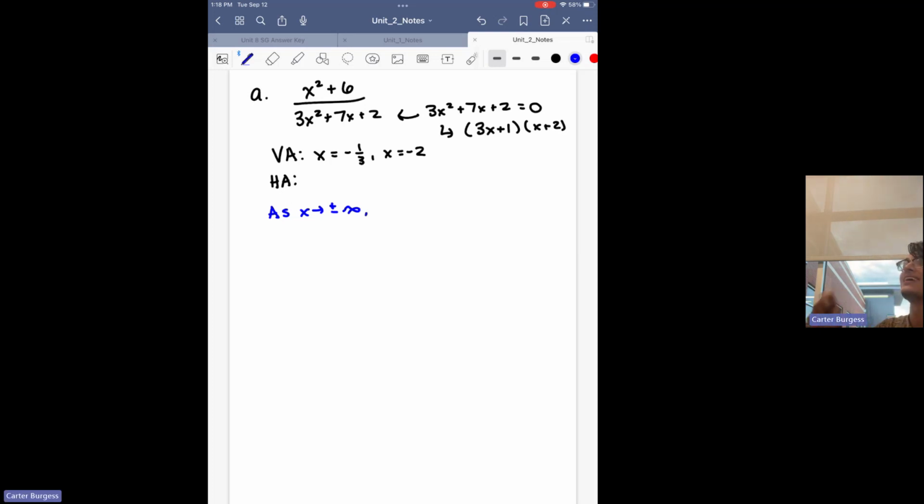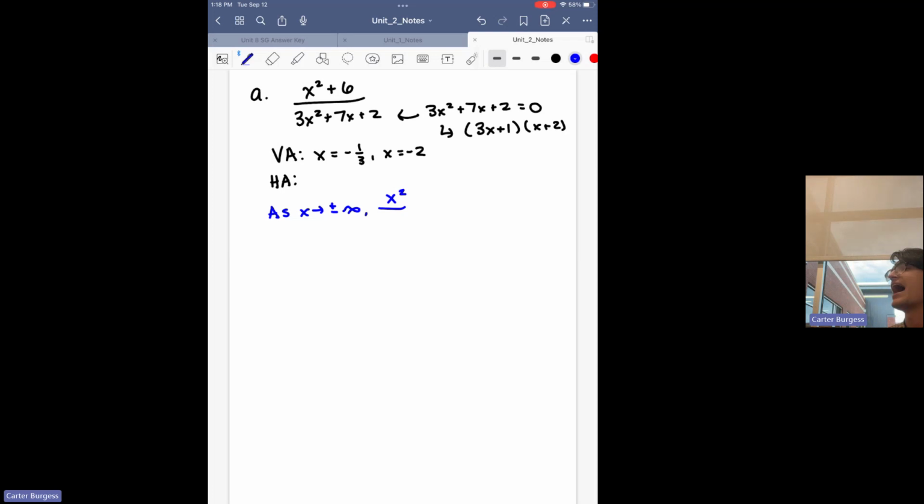That plus 6 really doesn't have much of an impact. Think about the difference between 1,000,000 and 1,000,006. As x gets really big, the plus 6 matters less and less. So as x goes towards positive or negative infinity, this numerator really goes to x squared. That's the loose way we are thinking about it for now.